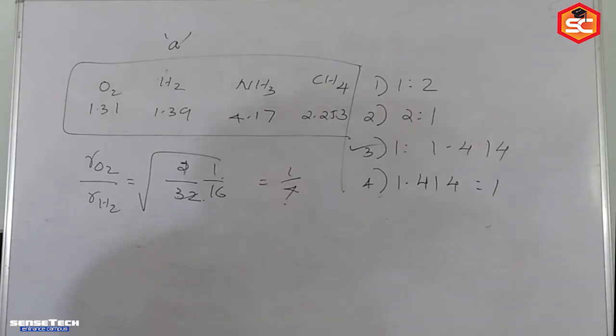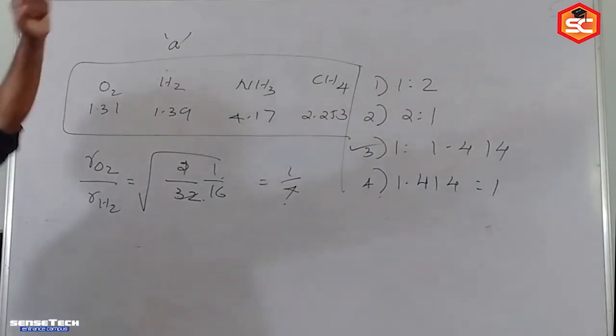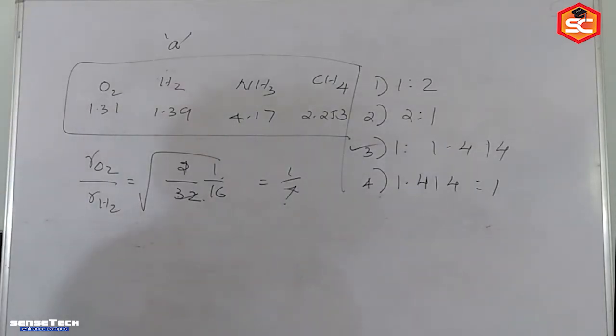The fraction of hydrogen escaped is 1 by 2, and the fraction of oxygen escaped we take as the variable x, since we don't know how much has escaped. Taking the rate of diffusion, x by t over 1 by 2t, we get 1 by 4. So x is 1 by 8.